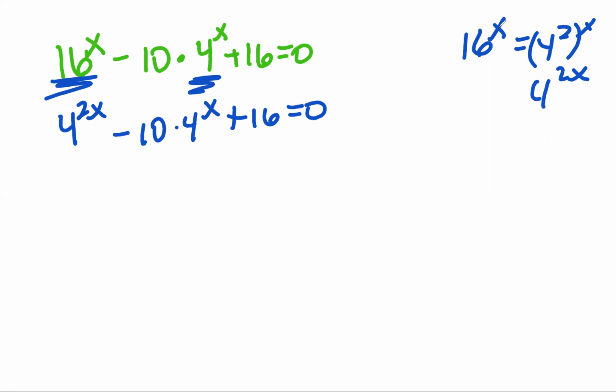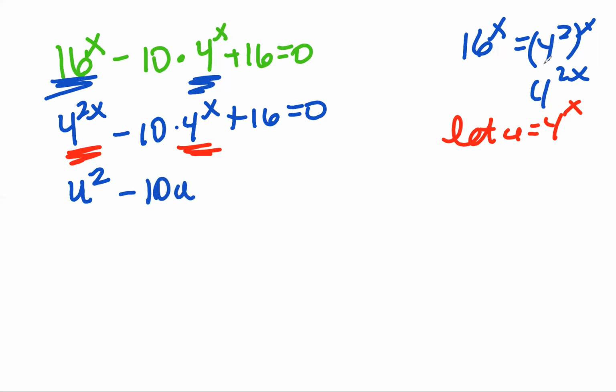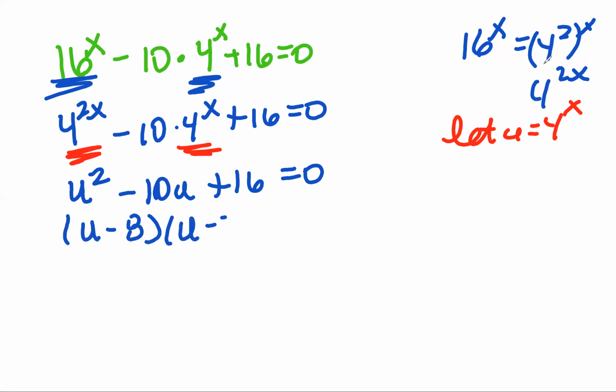Looking, I can see this is half of that. So let u equal 4 to the x. So doing that changes this to u squared minus 10u plus 16 is equal to 0. Factor: u minus 8 times u minus 2.